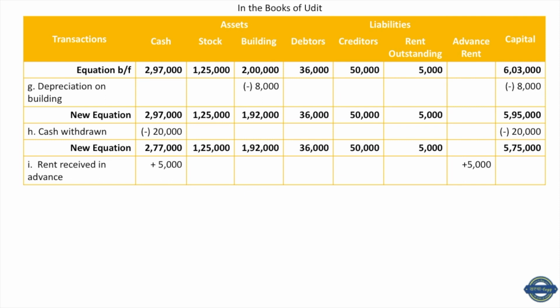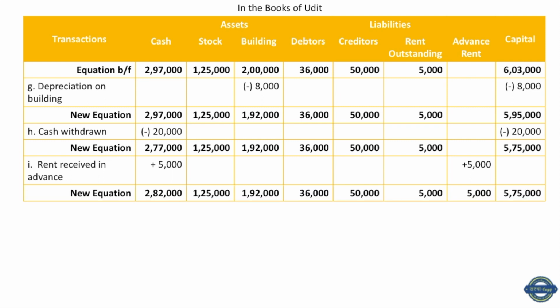Therefore, we will add rupees 5,000 in advance rent. Since this is not earned in this accounting period, we will not show any effect under capital column. However, we have received cash for this, so we will add this in the cash column.